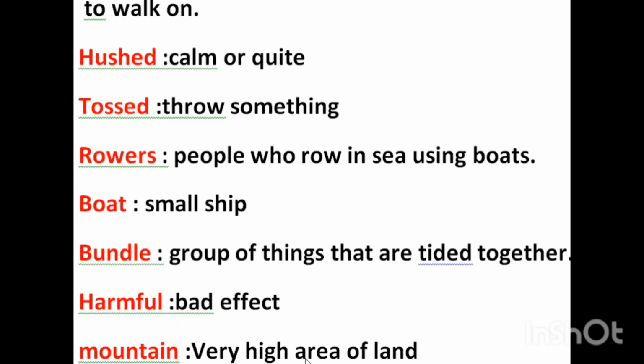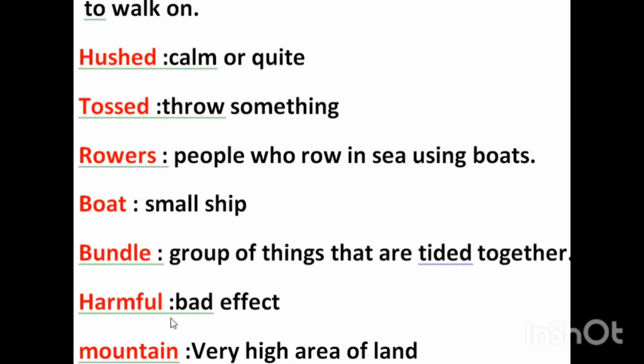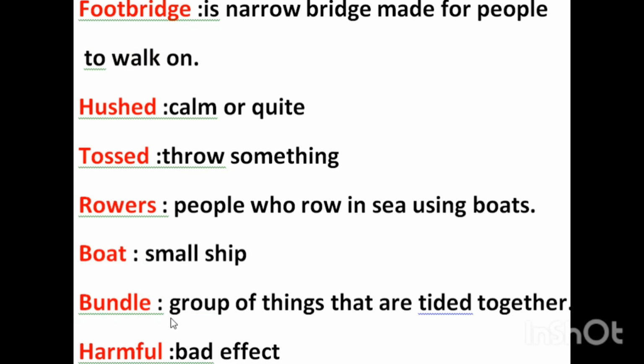Mountain, a very high area of land. Crushing, destroying, breaking. Fearful, scary. These are the meanings of these words. Now it will be easy for you to connect these words and make sentences to describe the last two pictures of Japanese paintings. I hope you understood this session carefully, and I want you to watch and listen to it again. If you have any questions, please write to me. See you soon and goodbye.